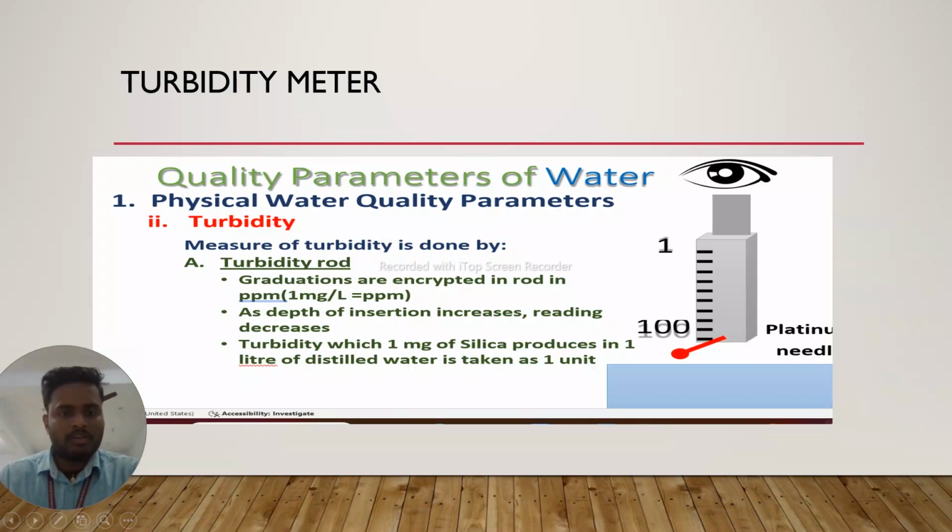Before going to measure, we have to know that 1 milligram per liter equals 1 ppm. ppm stands for parts per million.